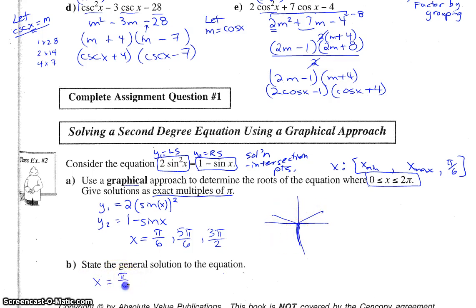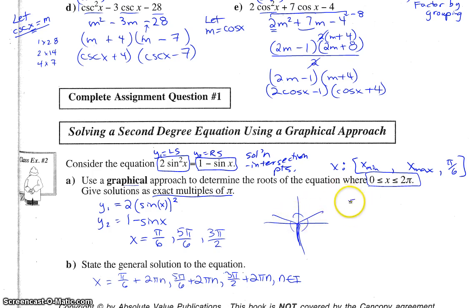Hang on, we'll write down our possible answer first: pi over 6 plus 2 pi n, and then 5 pi over 6 plus 2 pi n, and 3 pi over 2 plus 2 pi n, where n is an element of the integers. That would be an okay solution.